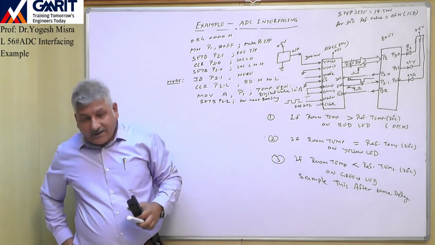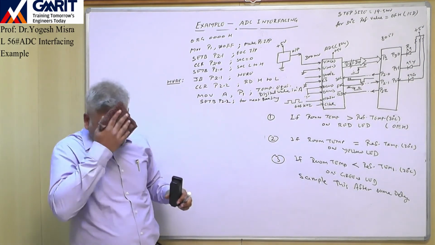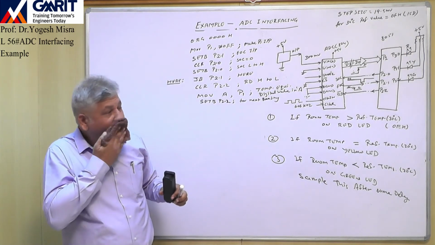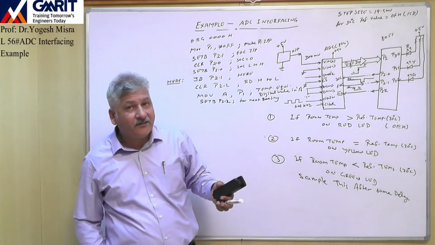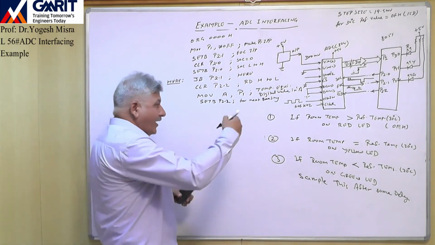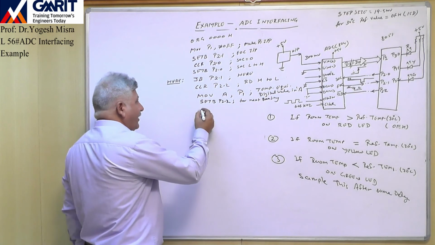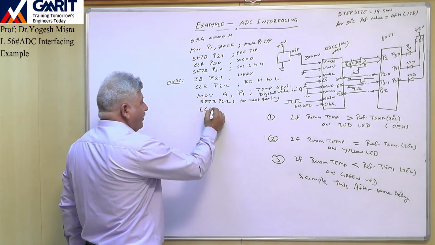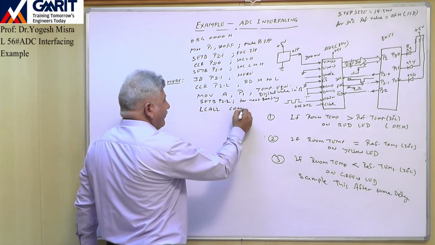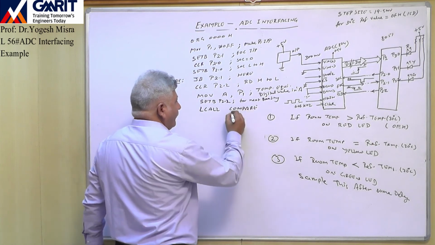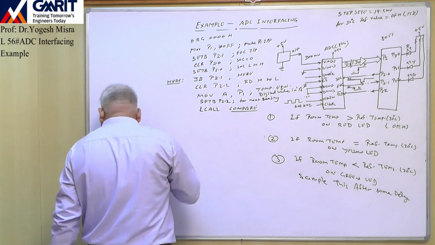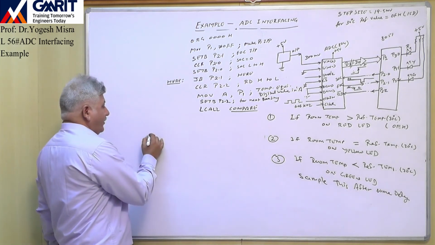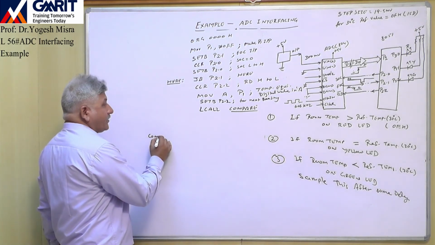Now once it is inside our microcontroller, we can check whether that value is greater than, less than, or equal to our reference value. For this we will write a subroutine at some place. So LCALL compare. I will send the sequence of my program to somewhere where we have written the instructions for compare.